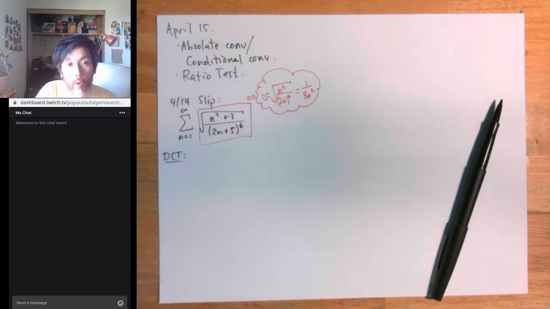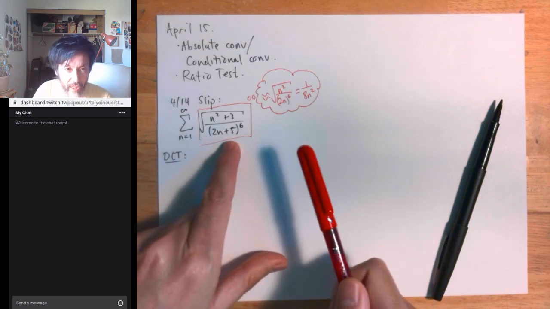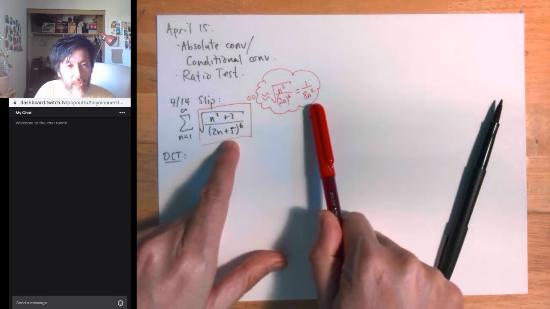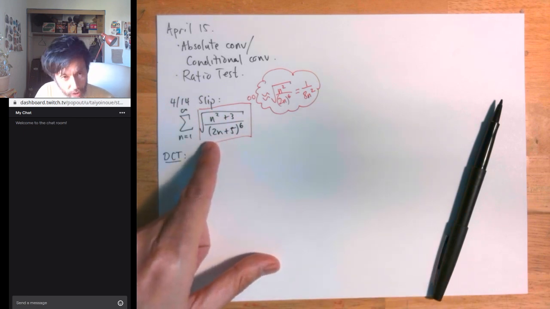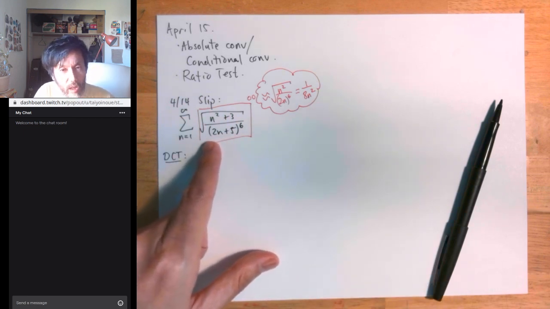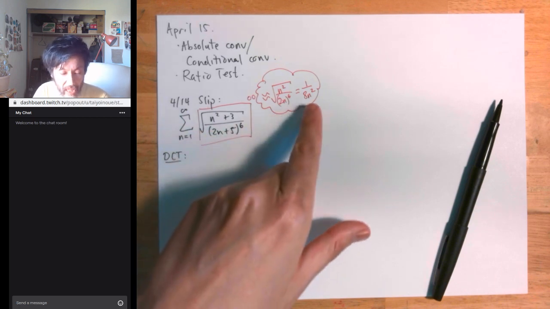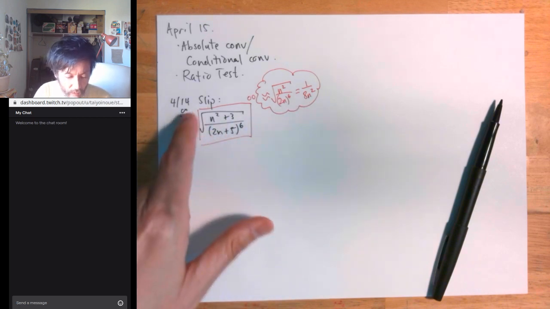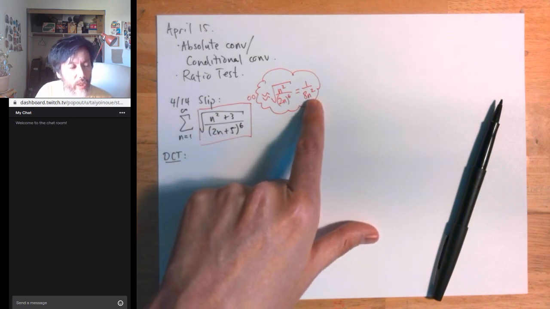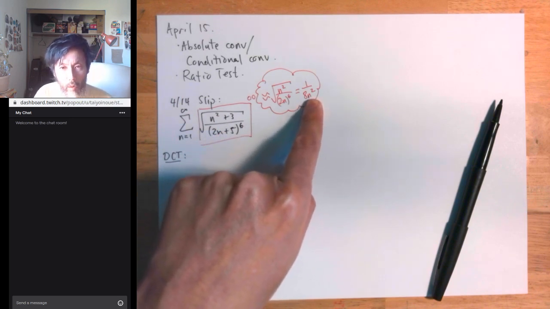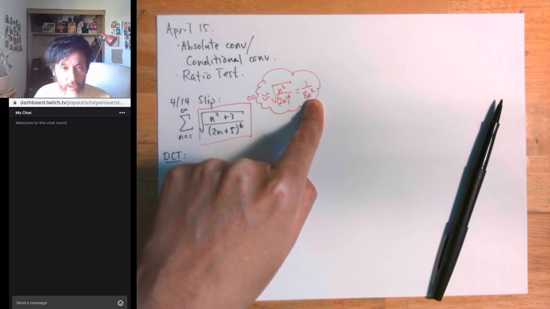Okay? Now, if the behavior of this thing looks a lot like 1 over 8n squared, that should lead me to believe that this series here is convergent. Why convergent? Well, because what I know is that if I take the sum from n equals 1 to infinity, not of this thing inside the box, but of what is inside the thought cloud here, 1 over 8n squared, then I know that that's going to be a convergent series.